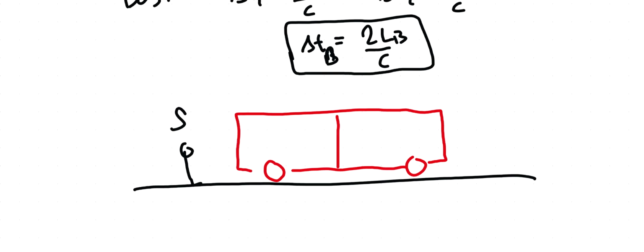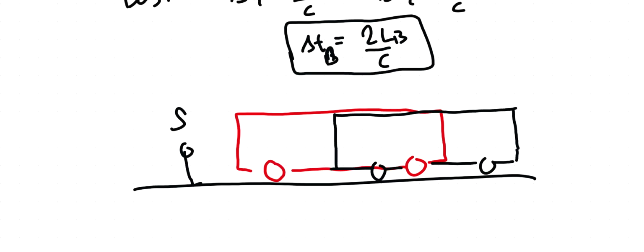So at a later time, our bus might be maybe here. Not a great drawing, but sorry about that. And now we draw the light, because what happens to the light? The light is emitted, and it goes all the way to the front of the bus, but the bus moved in the meantime. So that's part one of the trip.